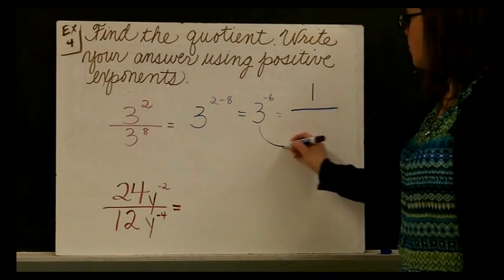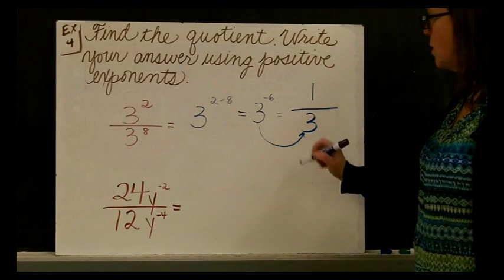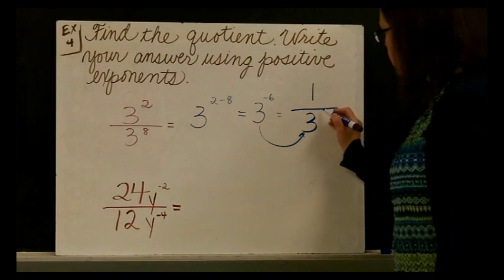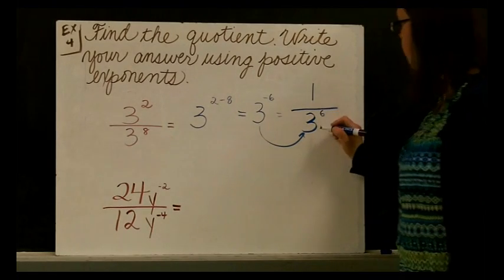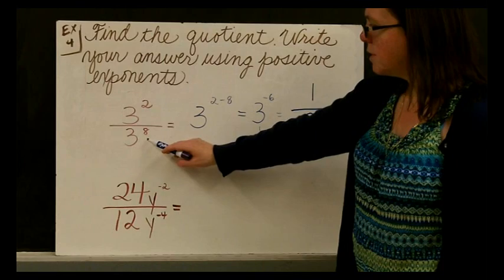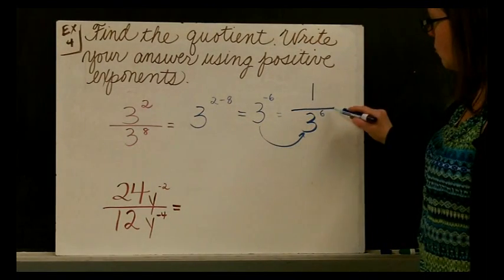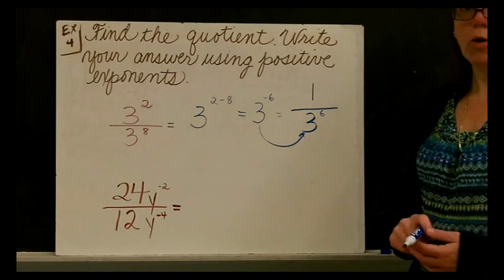And then this 3, this base number, gets moved to the denominator, and we take our exponent and put it in its positive form. So that what we end up with is 3 squared divided by 3 to the 8th power has a quotient of 1 over 3 to the 6th power.